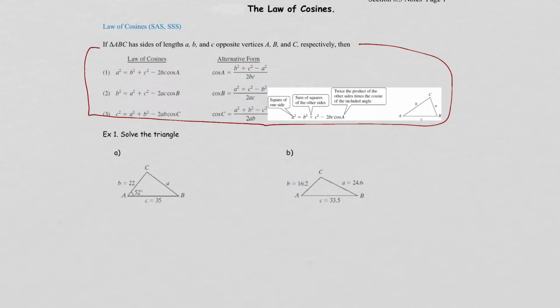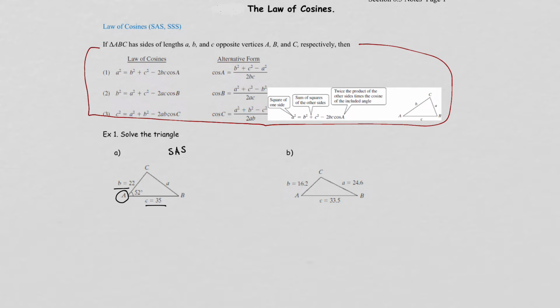Looks like you have two sides with one angle given. Two sides with one angle given. So that's the SAS case, right? Two sides and the angle in the middle.